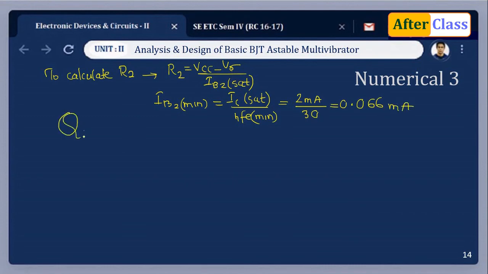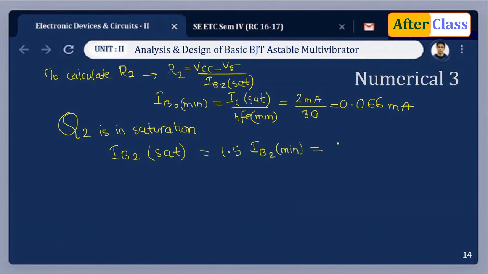If Q2 is in saturation, meaning on condition, output voltage VC will be 0. So I have to calculate the actual current that goes into the transistor Q2 to go into the on state, that is saturation. IB2 saturation is typically 1.5 times IB2 minimum. So if I substitute the values, the answer is 0.099 milliamperes.